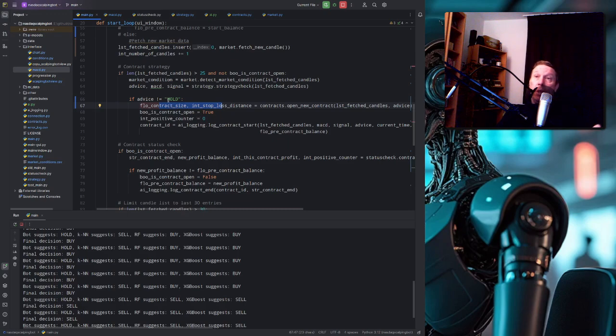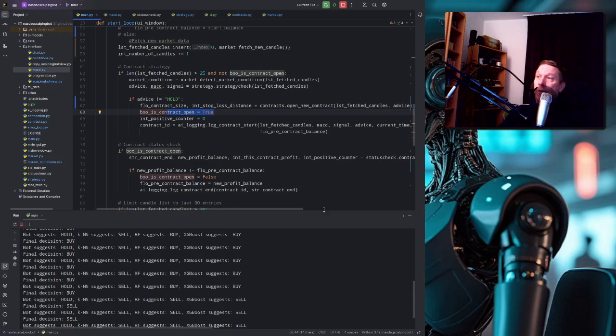It should be, because it's the logical next step in the programming flow. The program flow says, okay, we open a position, and the next step is bool_contract_open. I don't know why, but I'm going to take a look at it right now, after I finish the video, of course.